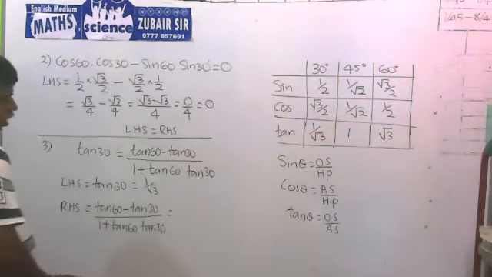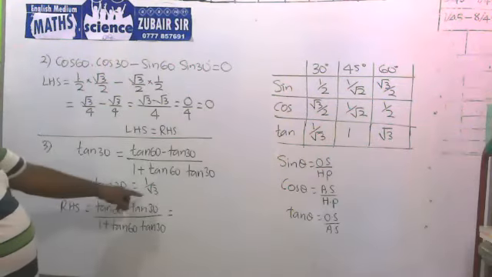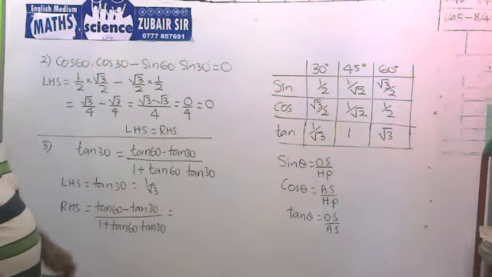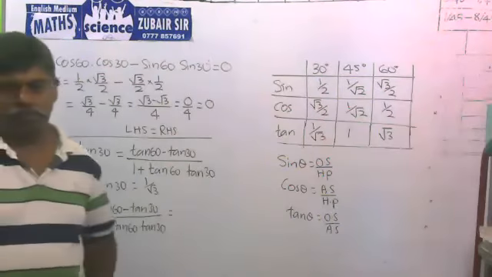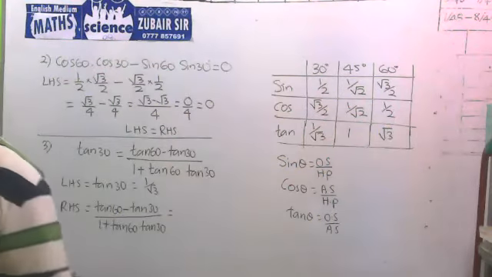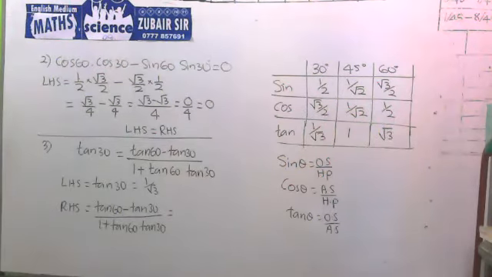Then substitute the value and simplify. Then finally you will get 1 over root 3.